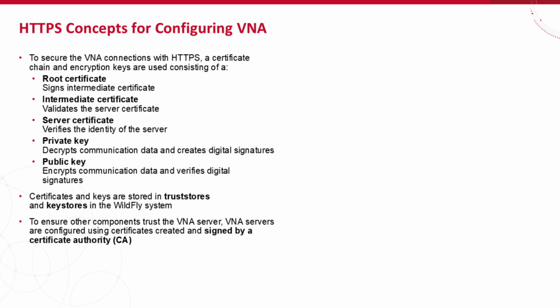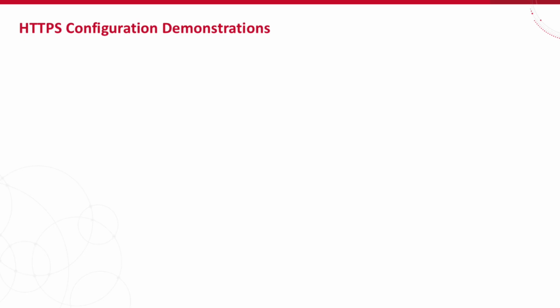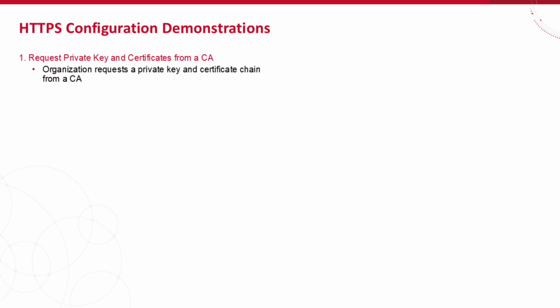To ensure that the other DX NetOps components will immediately trust the VNA servers, they are configured using certificates created and signed by a certificate authority, often referred to as a CA. Certificates issued by a CA are called CA-signed certificates. In this video, we will demonstrate two ways to acquire CA-signed certificates. The first is to send a request to the CA to generate and sign a private key.